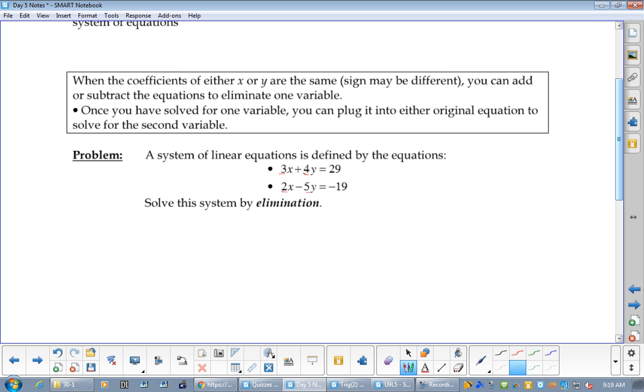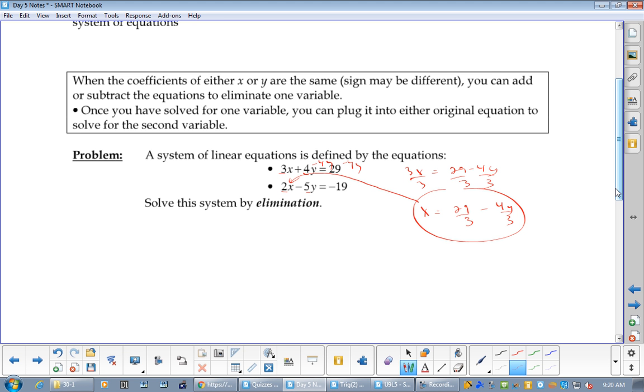To get that x equals, you're going to have to first subtract 4y, right? Then you're going to get 3x equals 29 minus 4y. Then you got to divide by 3 to everybody. And you'll have x equals 29 over 3 minus 4y over 3. Now, how would you like to take this and put it into here and now keep going? It is not easy, okay?